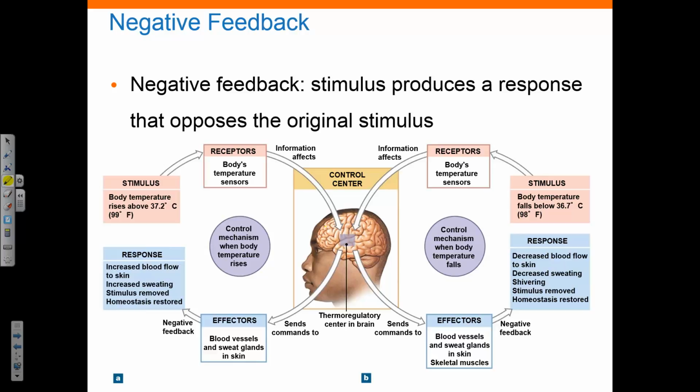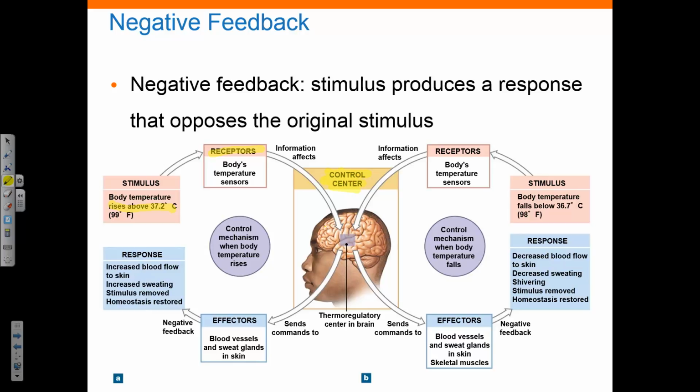Let's consider how the human body responds to the body temperature deviating from its normal temperature of 37 degrees Celsius. When the body temperature rises to above 37.2 degrees, receptors responsible for monitoring the body's temperature will pick up on the stimulus. This information will be sent to the thermoregulatory center of the brain, the control center in this instance, where the information will be processed and integrated.